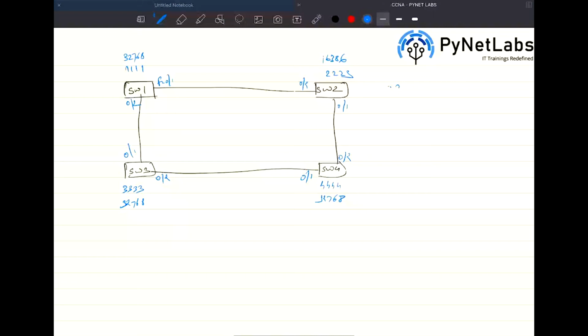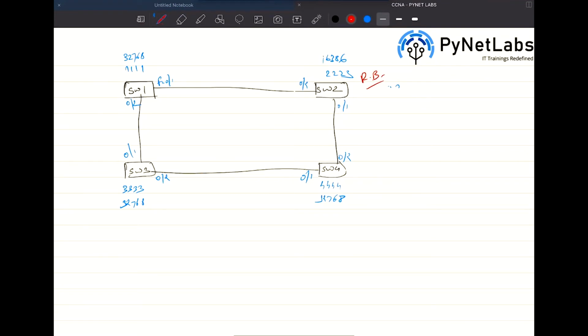Now tell me what is going to be the root bridge in this scenario. Switch 2 is going to be the root bridge. Why so? Because it has the lowest priority. That's why I can say that switch 2 is going to be the root bridge. Correct?